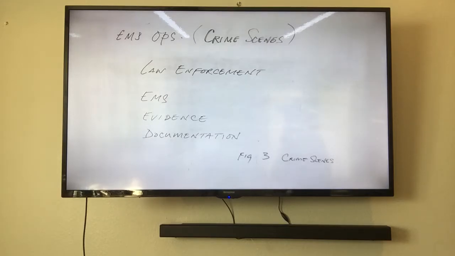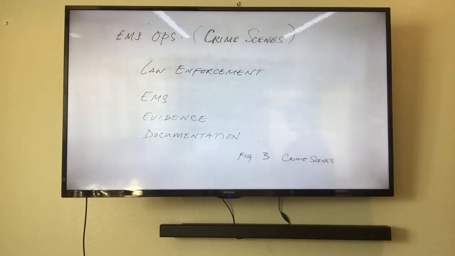It is not to apprehend and take down perpetrators. It's to maintain the medical side of these incidents and to provide not only medical care and trauma care for our patients that come out here, but also for our corresponding elements: law enforcement, fire, any other public, state, or federal entities that may be there, as well as businesses.